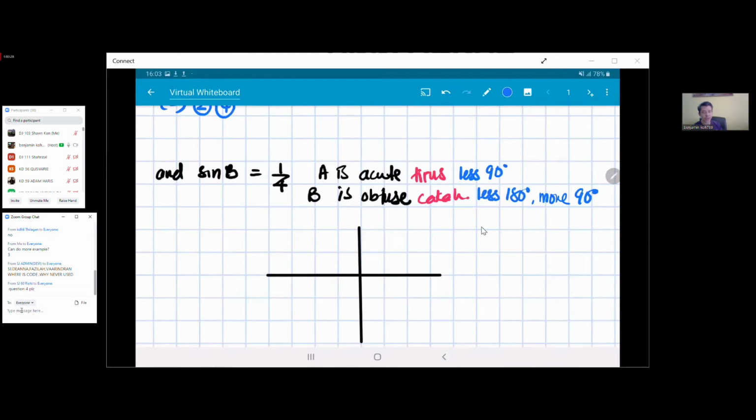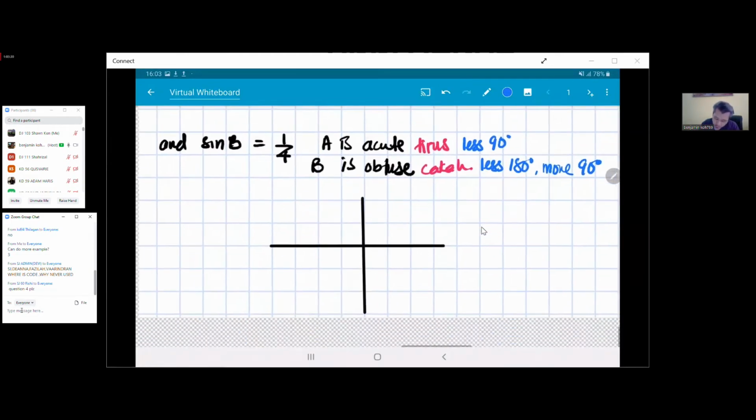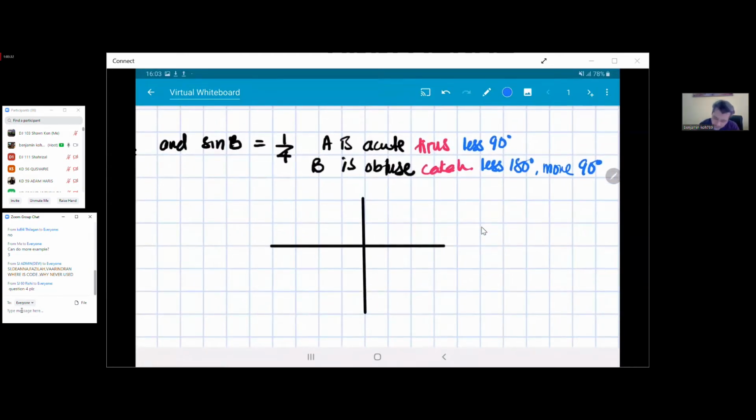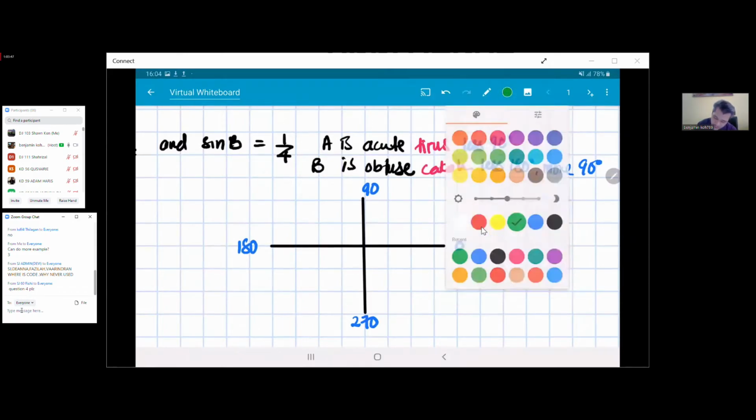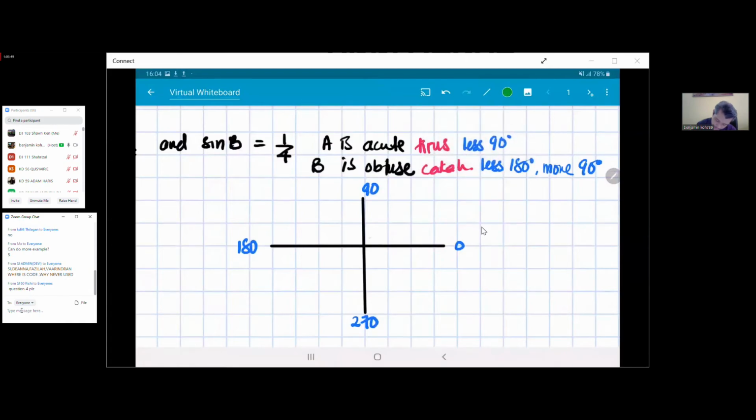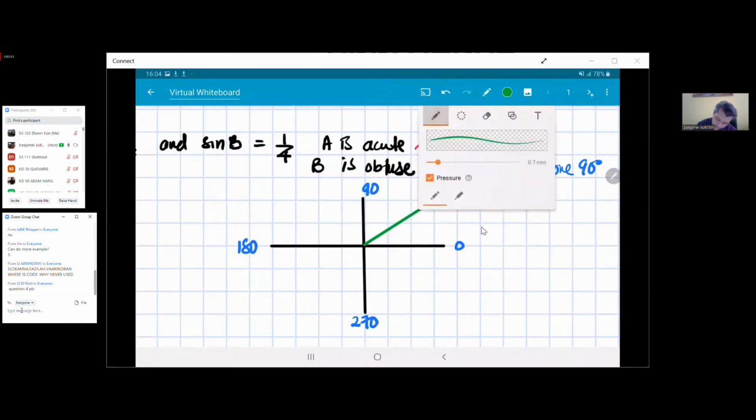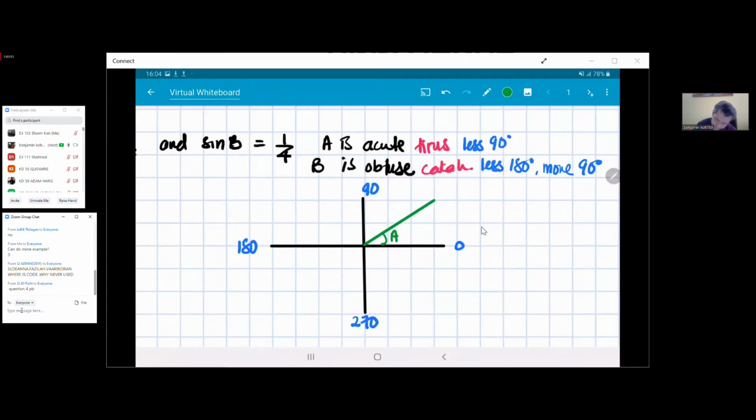So you already know that in trigonometry, when we label, the angle is measured this way: 0, 90, 180, 270. Correct? So you nampak tak? A is acute, which means less than 90. So this tells us that A is here. This is angle A. We need a triangle.